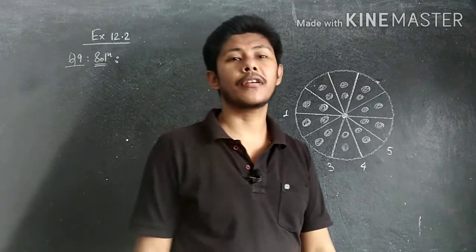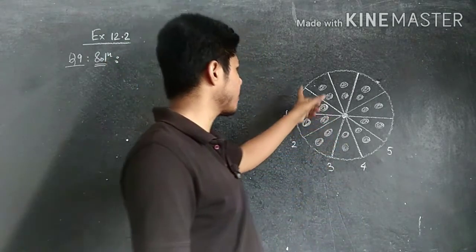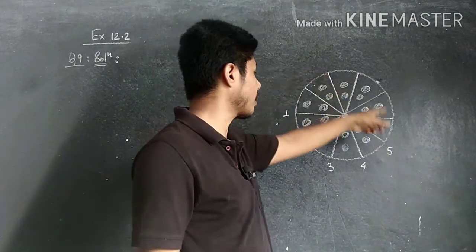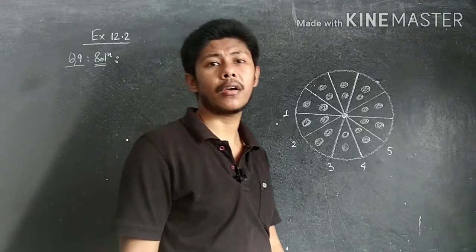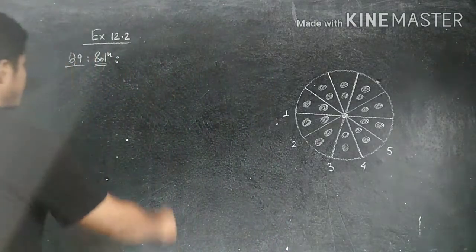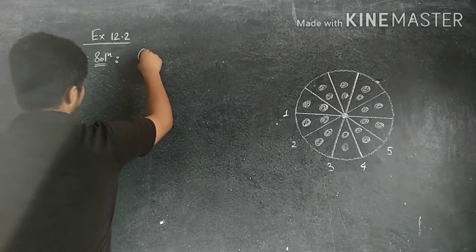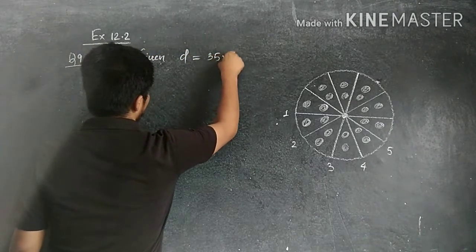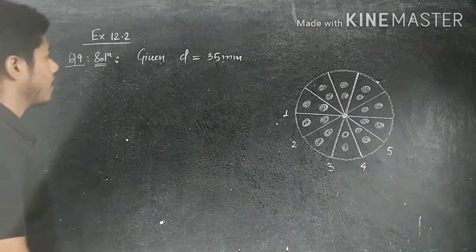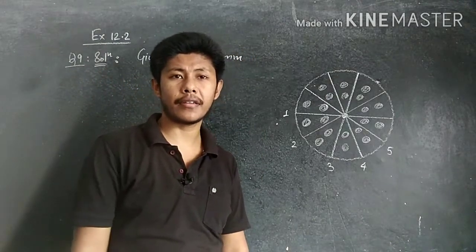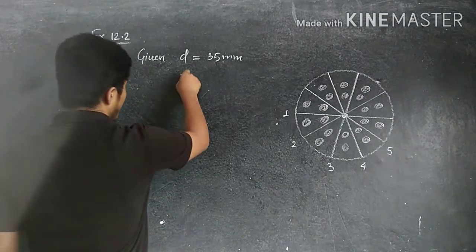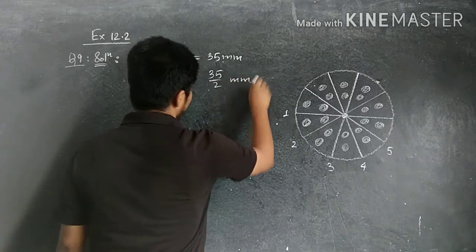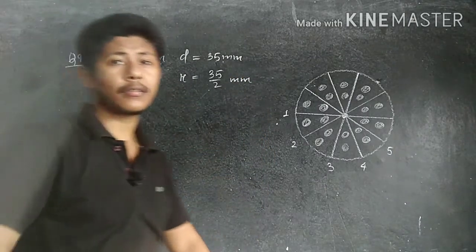Now, since the diameter is given, we can easily find the perimeter or circumference of this brooch. So we mention diameter D equals 35 mm. With the diameter 35 mm, we can easily find the radius. If we denote the radius by r, then r is 35 by 2 mm. Is it clear? This is the radius.